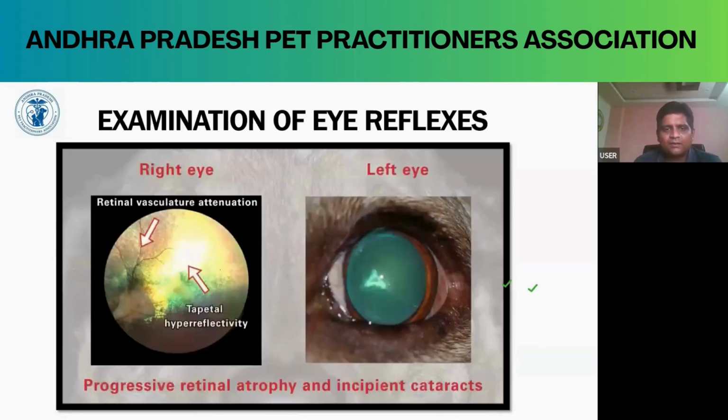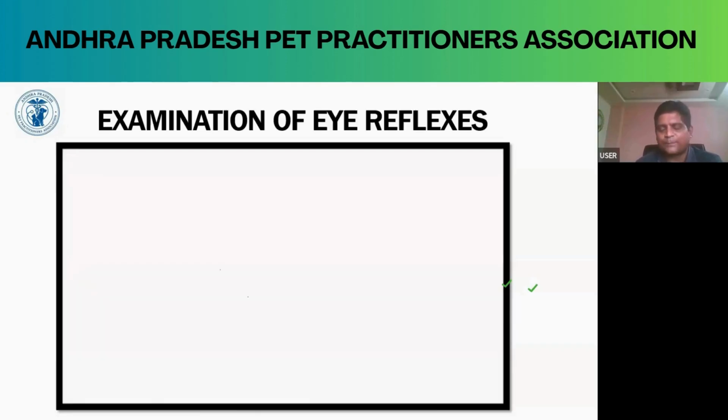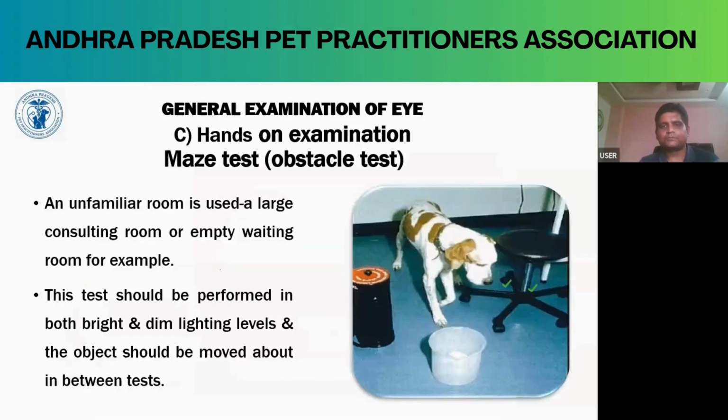After fundus examination, they found tapetal hyperreflectivity on the right eye, which is an abnormality in the retina, and on the left eye, they have observed a cataract. This is regarding the reflexes, the menace response and the PLR. These two are the main responses which we can use in the general ophthalmic examination.